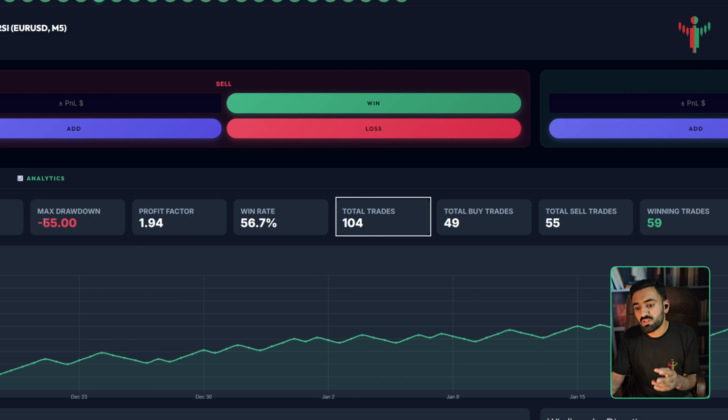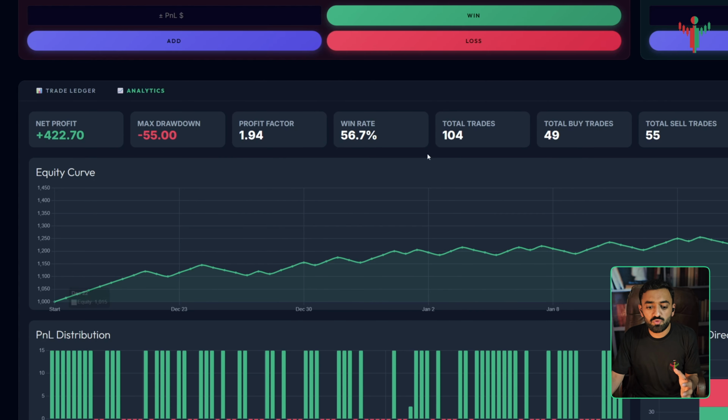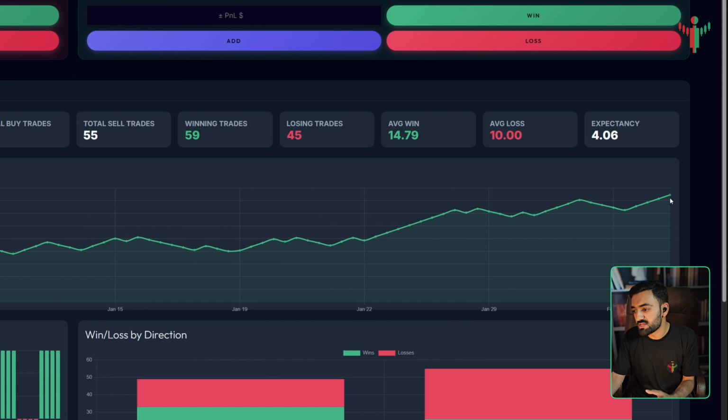It opened a total of 104 trades in the last 1.5 months, because here you can see the first trade it opened on 22 December 2025, and the last trade was opened on February 9, 2026.